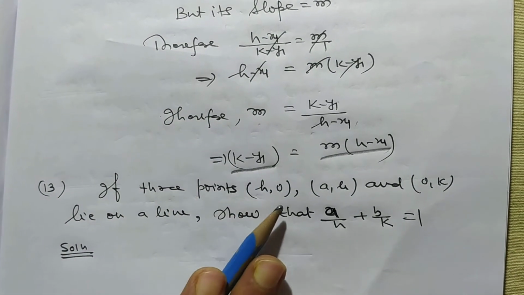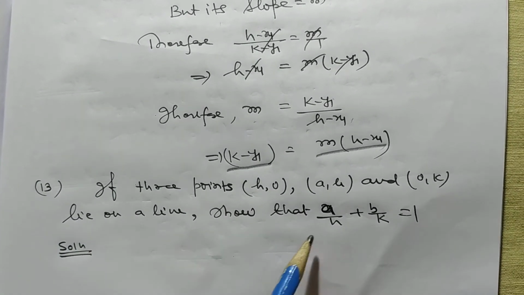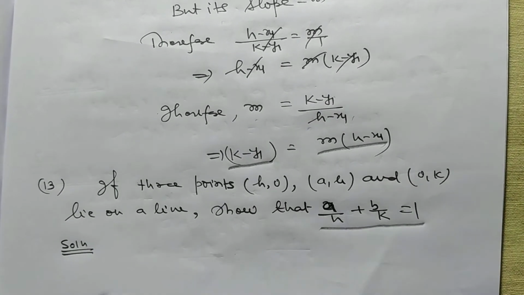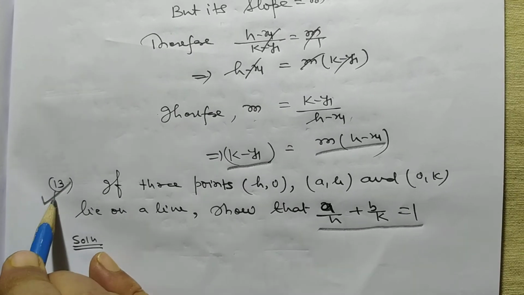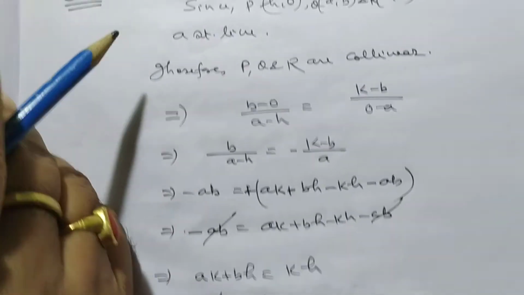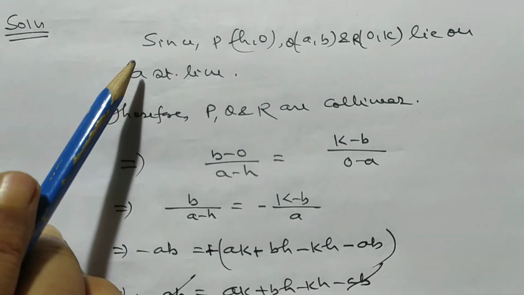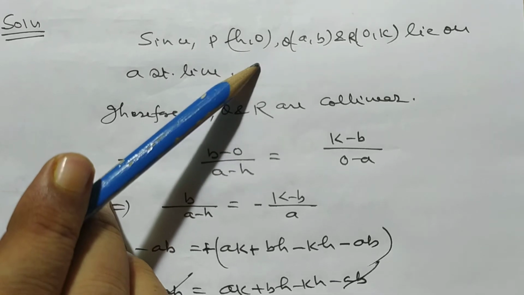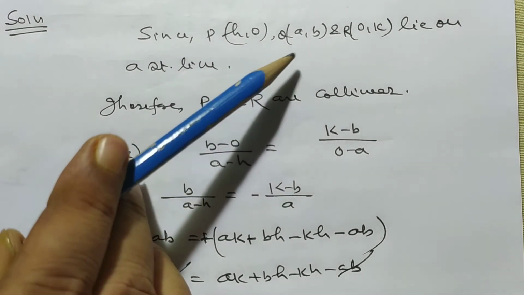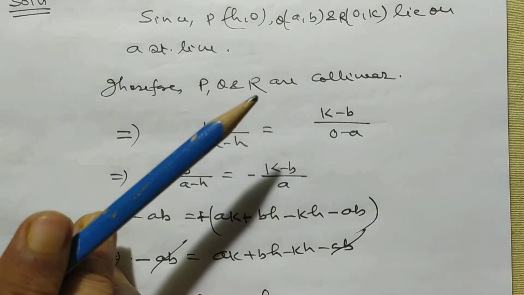If three points (h, 0), (a, b) and (0, k) lie on a line, then a by h plus b by k is equal to 1. This is problem number 13. Here I tried my best to solve the problems from the bottom. Now since P(h, 0), Q(a, b) and R(0, k) lie on a straight line, P, Q, R are collinear.